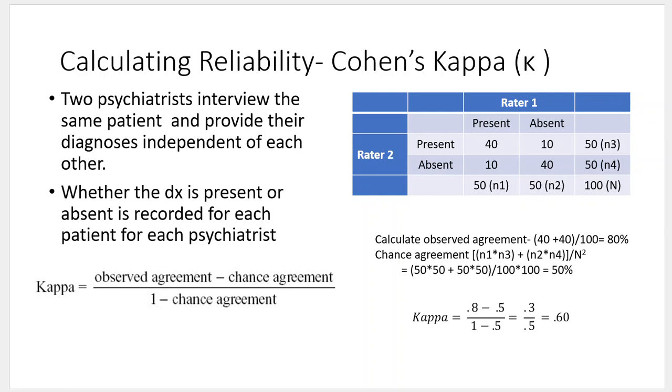Well, you decide which of these psychiatrists is the gold standard, and you train the other psychiatrists to do the interview the way the gold standard psychiatrist wants it done. Or you send them both to a third gold standard psychiatrist to get them both trained. And in clinical research, a fair amount of time is taken up by that process.